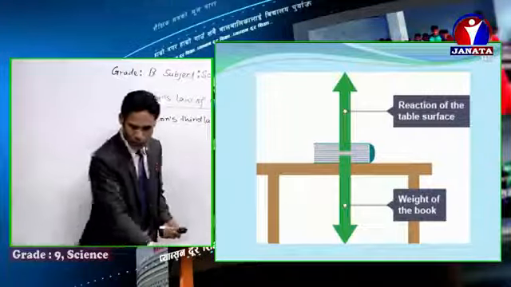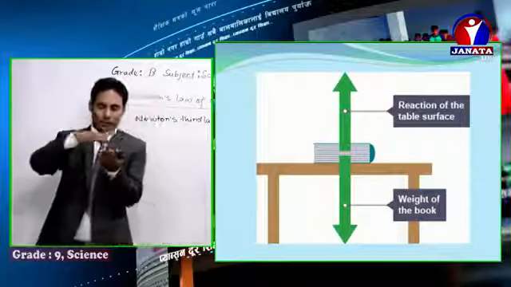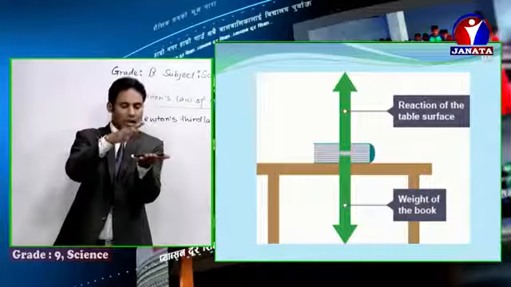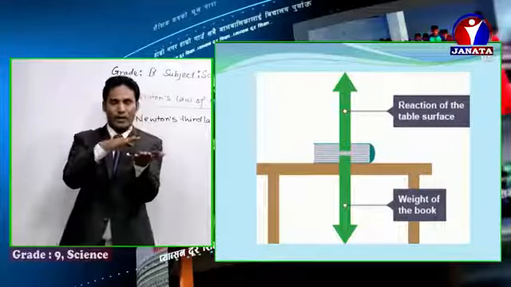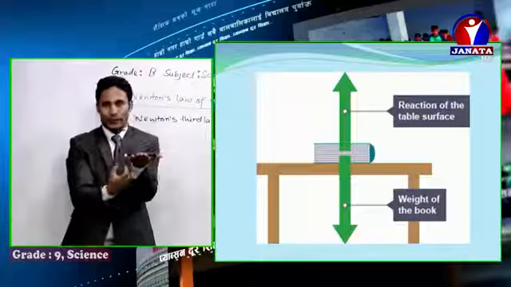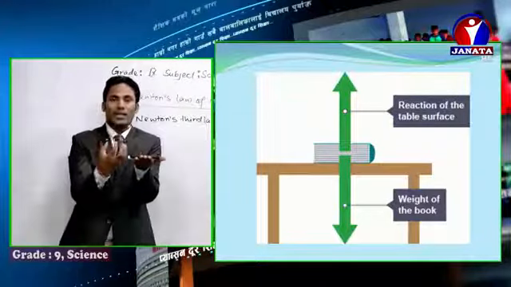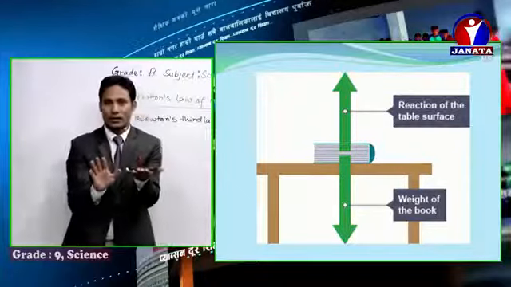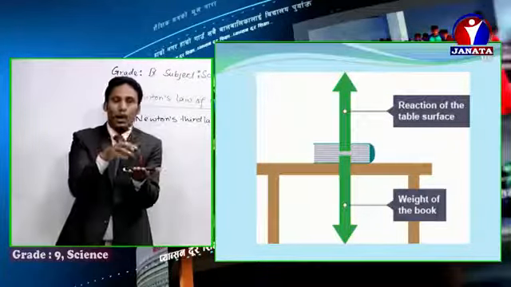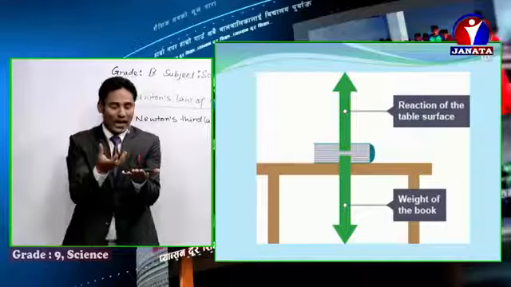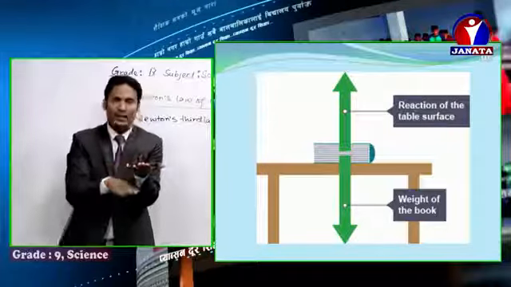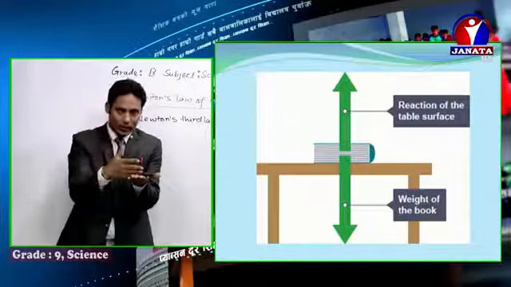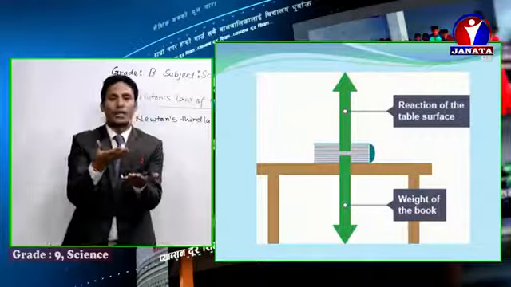Similarly, suppose this one is a book, and you put the book on the table. The weight acts in the vertically downward direction, and that is the action. The same amount of force applied by the book to the table in the downward direction is applied by the table to the book, which is the reaction.